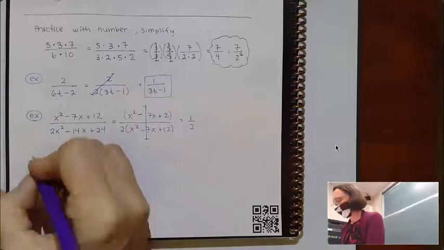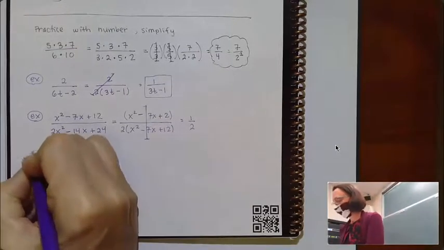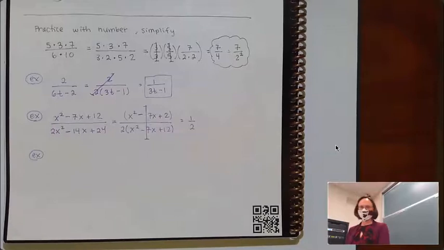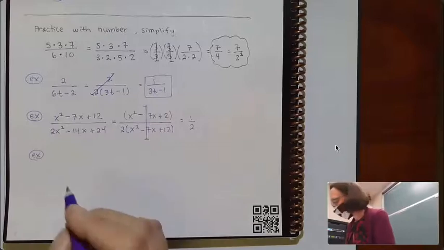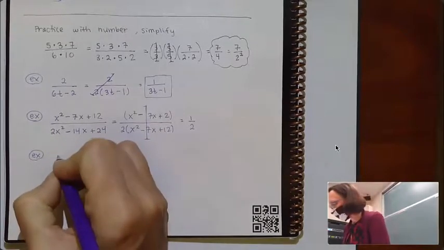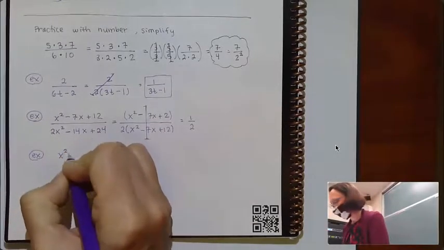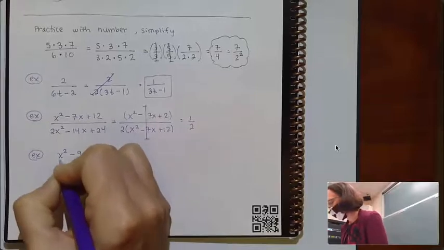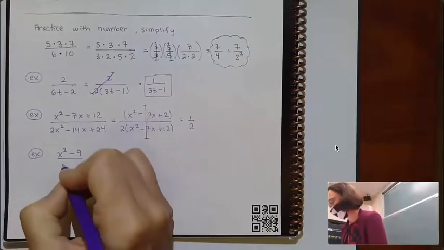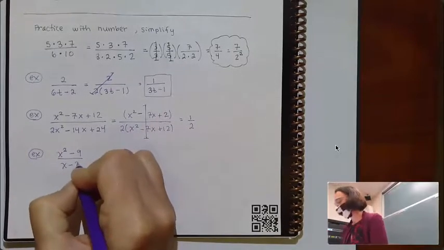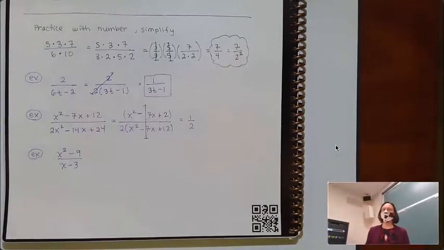Let's do another example. And hopefully after many examples, things will start to look a little better. I've got lots to choose from here. Well, let's do something like x squared minus 9 over x minus 3.